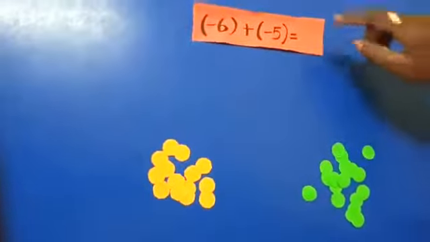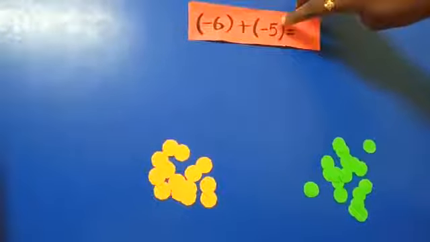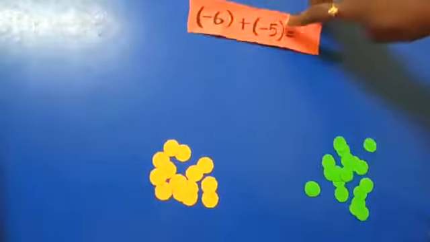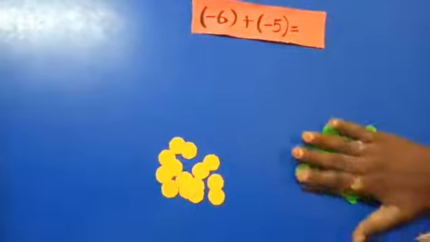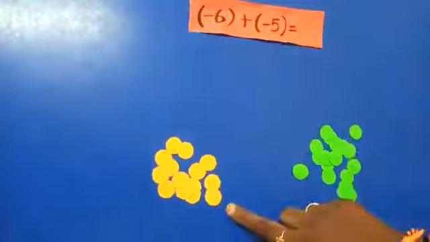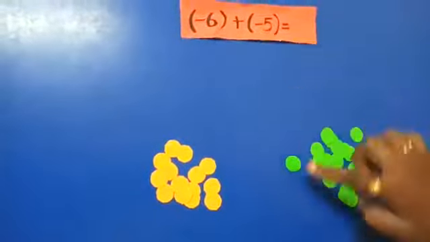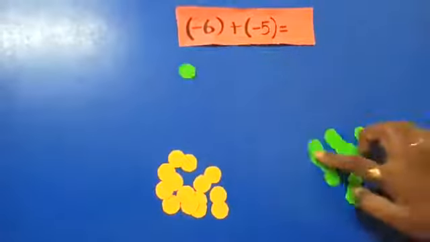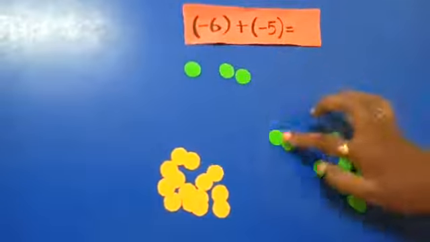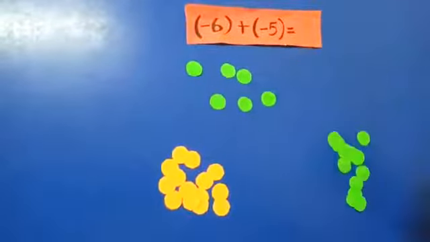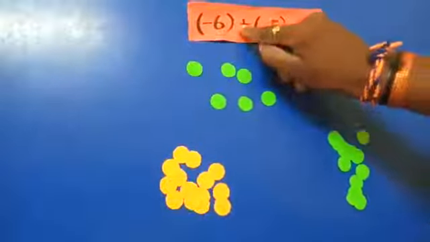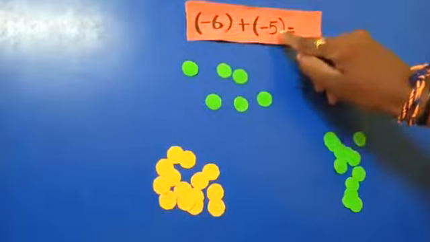The next problem is minus 6, minus 5. So negative 6, negative 5. We know green is negative and yellow is positive, right? First we arrange the green ones, which is 6 beads: 1, 2, 3, 4, 5, 6. Right, children? And the next one, plus into minus will be minus, so minus 5.